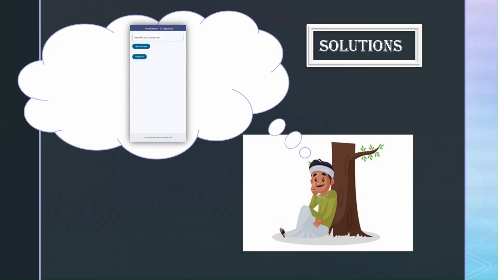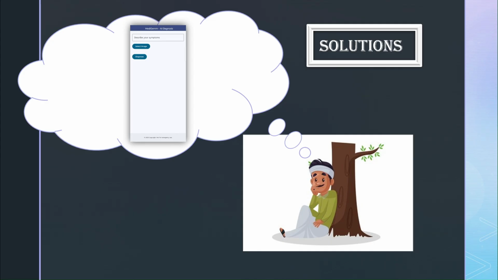So, the solution is that our app provides a crucial lifeline for these communities. It operates entirely offline, offering immediate step by step guidance for a range of medical emergencies and common ailments. This includes first aid instructions for snake and insect bites, accidents, pregnancy related issues, etc. The app also provides preliminary advice for illnesses like coughs and colds.